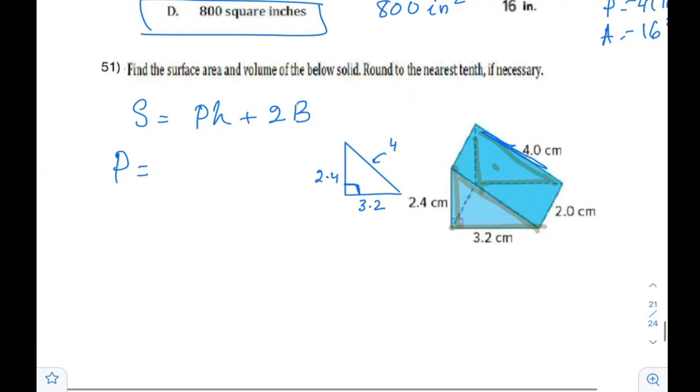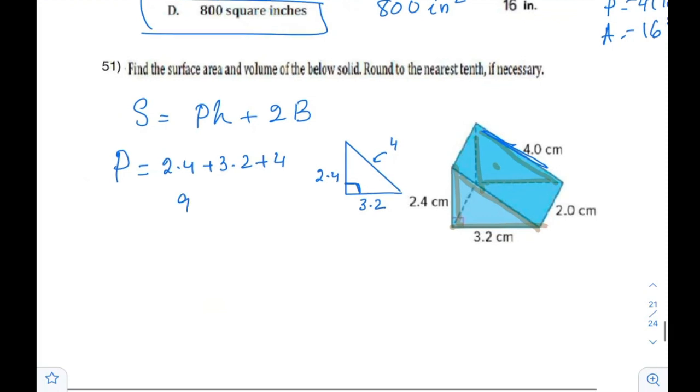So the perimeter of the triangle, you will add them all. So let's add 2.4 plus 3.2 plus 4, which is 9.6 centimeters.